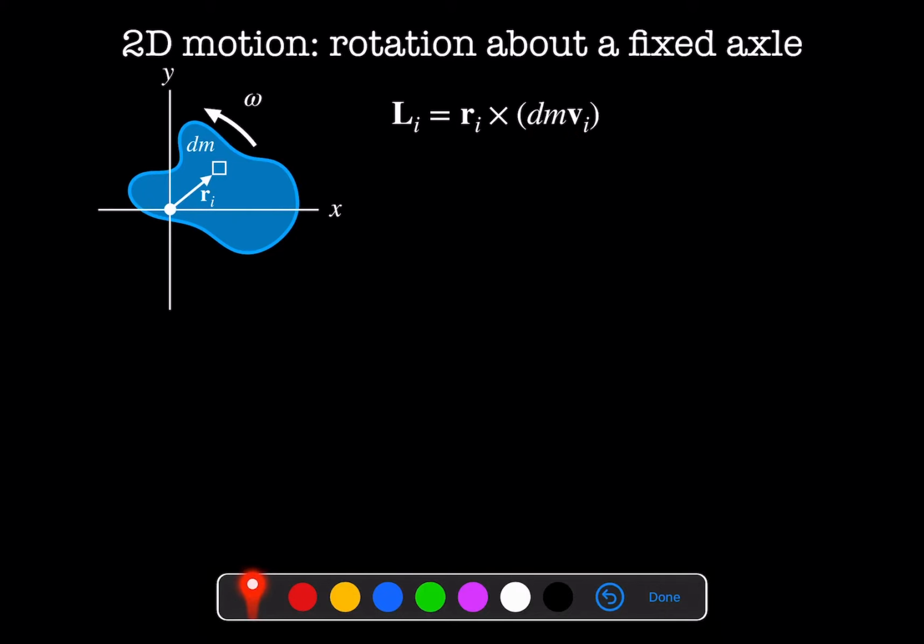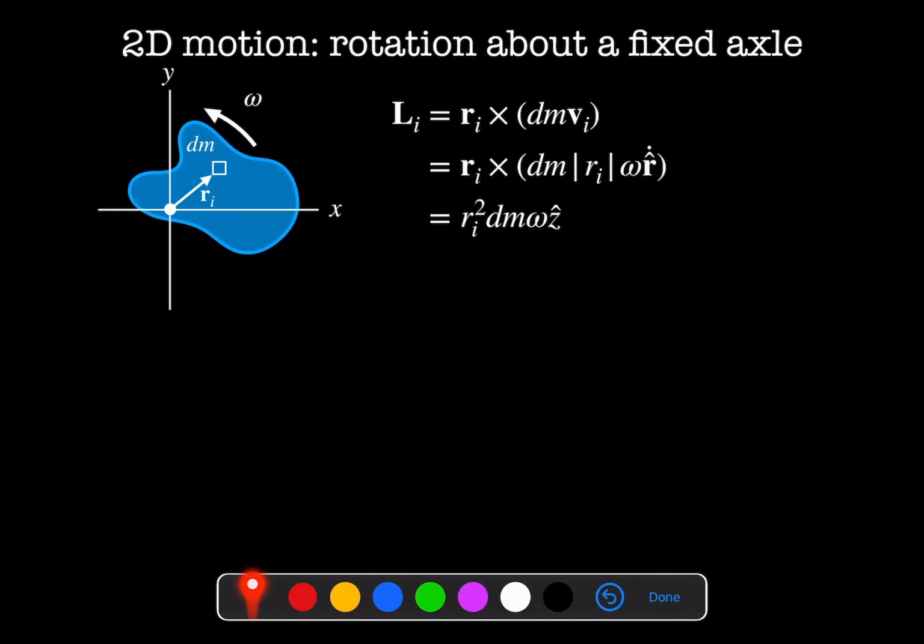If the whole body is rotating at angular frequency omega, then dm has a tangential velocity given by r_i times omega. So our angular momentum is now r_i crossed into dm, the magnitude of r_i times omega, and this is in the direction of the velocity.